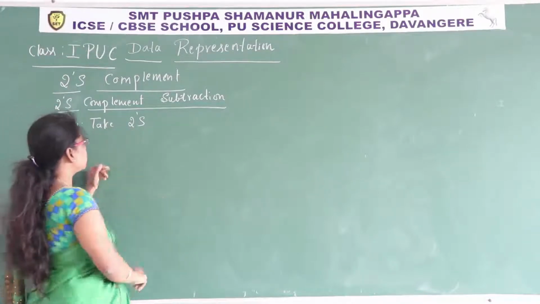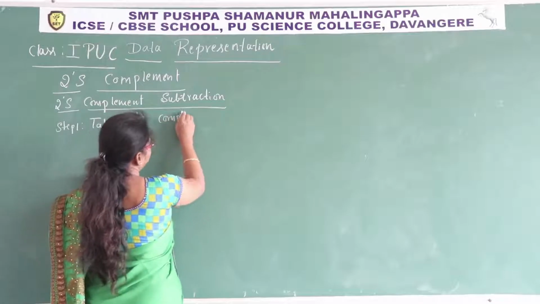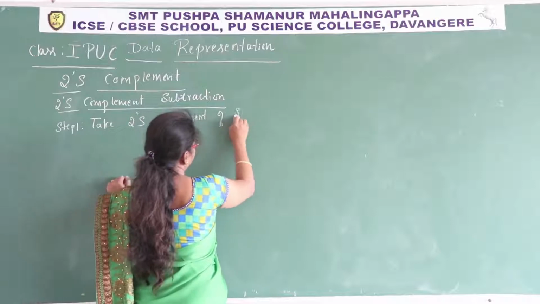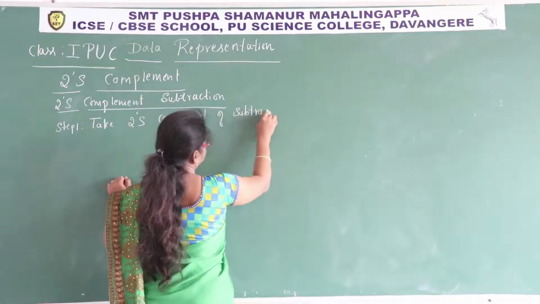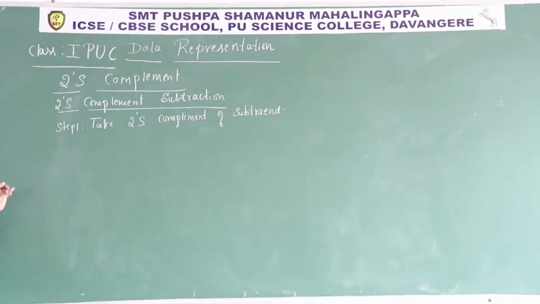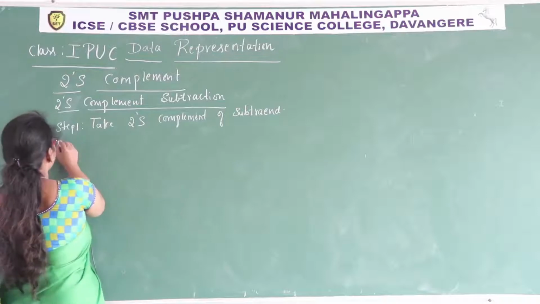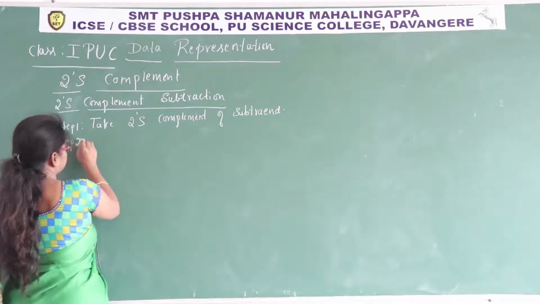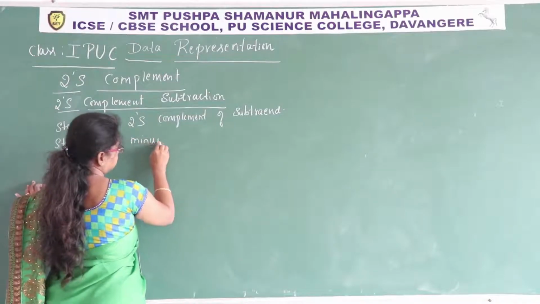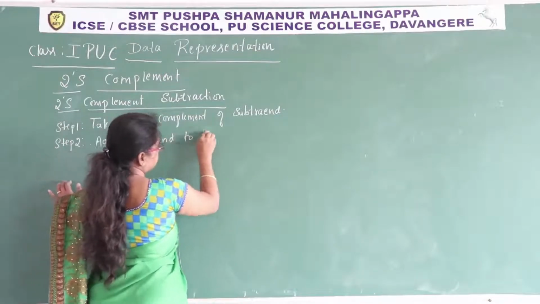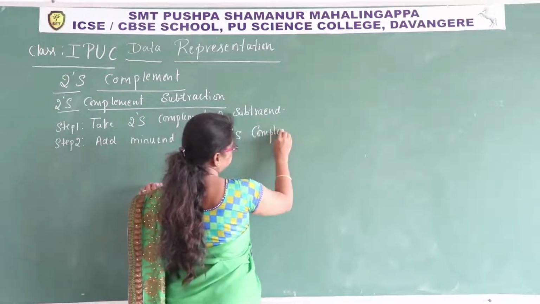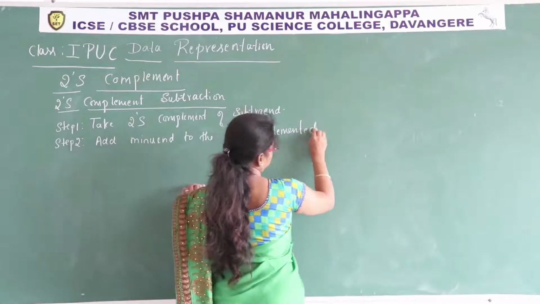Here we have to take two's complement of the subtrahend. Then step 2, add the minuend to the two's complemented number.